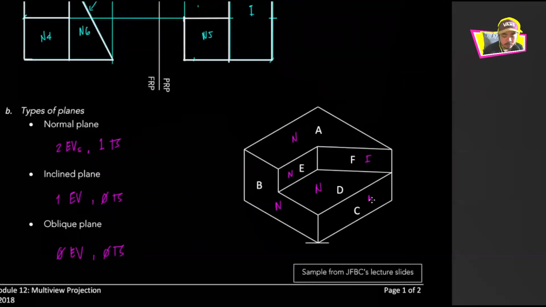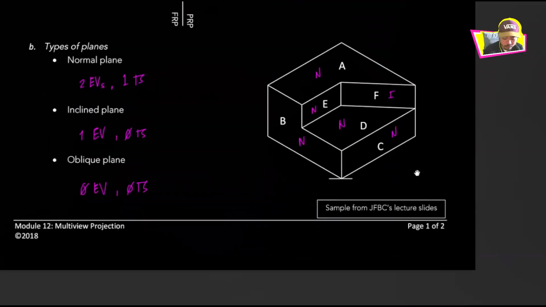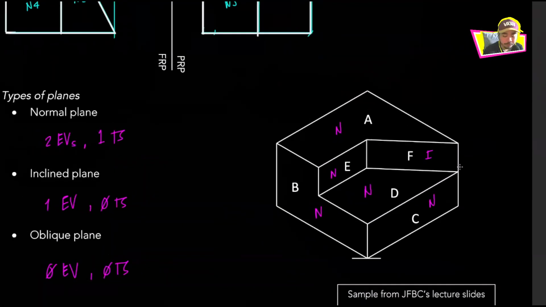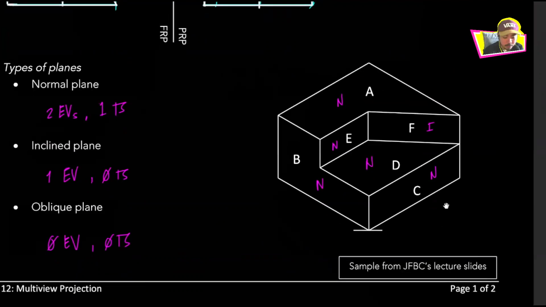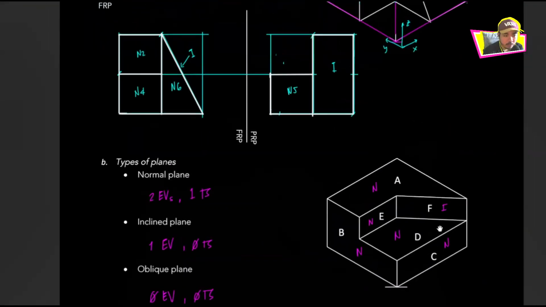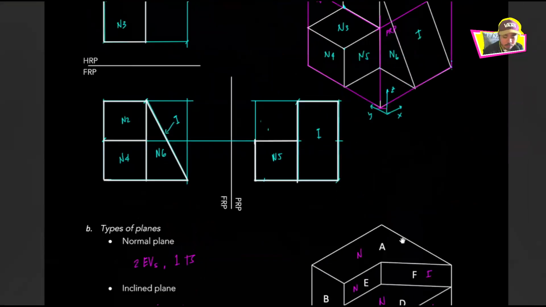And C is also normal. So, tama nga ba? Wala na, no? Okay. So, sige, later na lang. Mas may papakita ko yan. So, we're done with this. Okay na tayo, no? Let's try a more difficult shape.